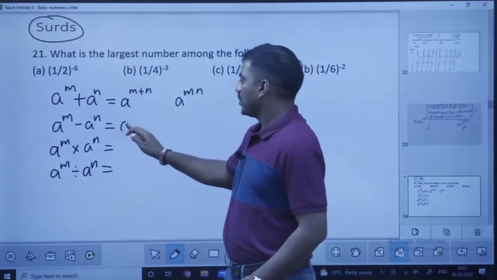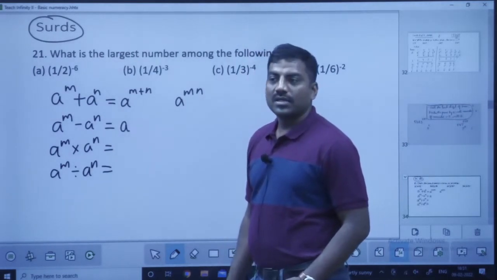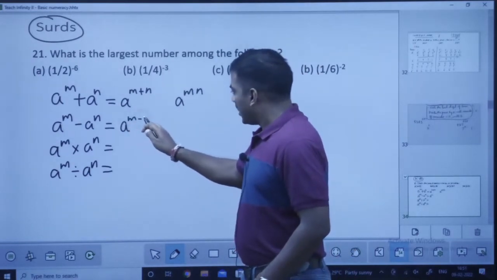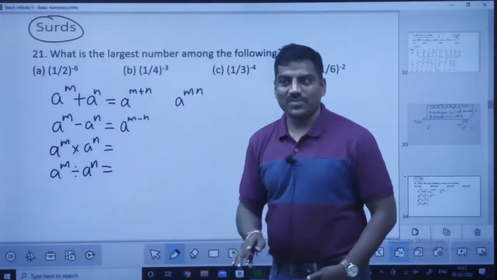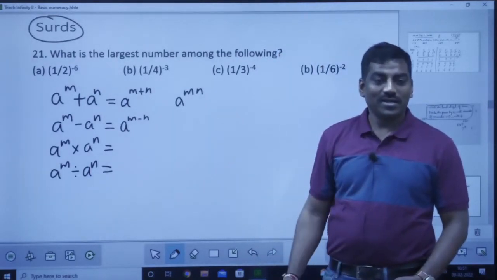Then here, a to the power of m minus... She has told a to the power of m minus 1. Anything from here? Okay.